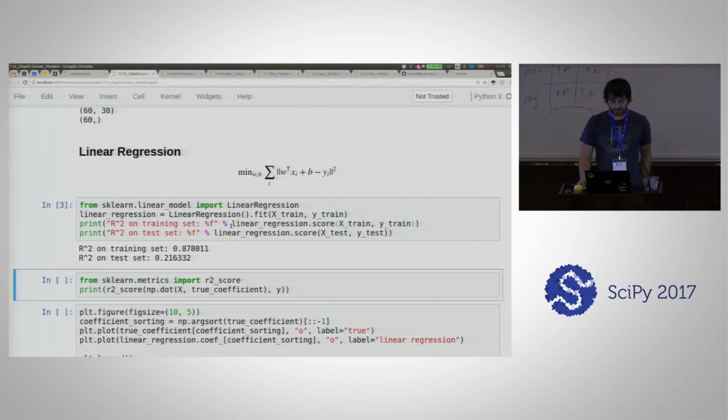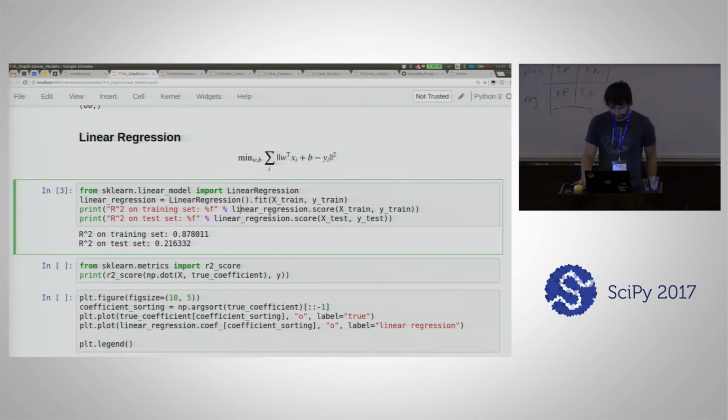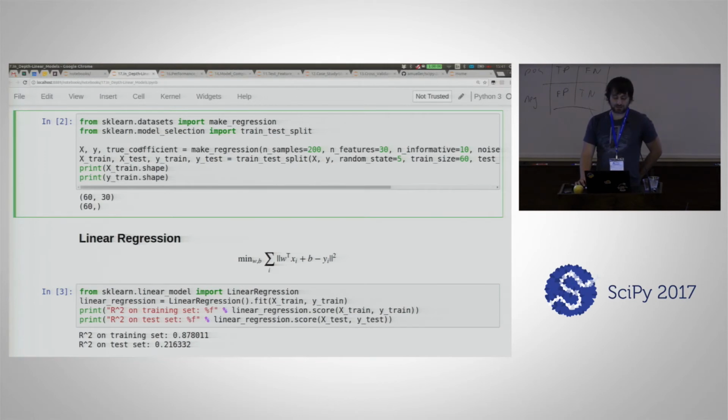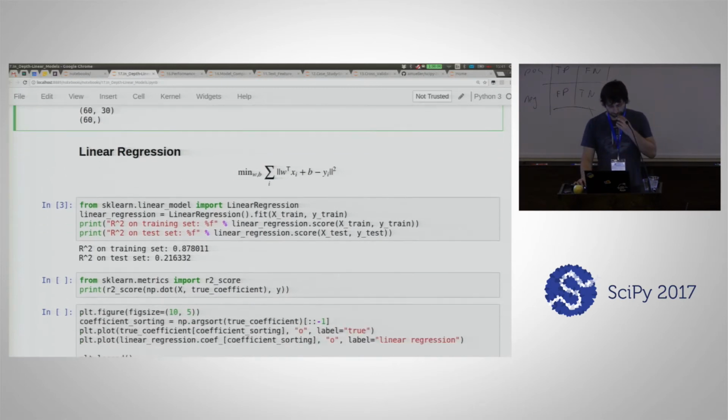And so you can see that here the R squared on the training set is pretty high, about 0.87, and on the test set it is 0.21. Because it's a synthetic data set, we actually know the true coefficients of the model. This data set was generated with a linear relation, only we added some noise to both x and y.